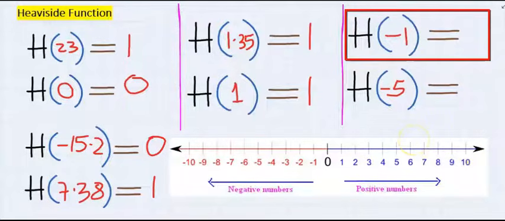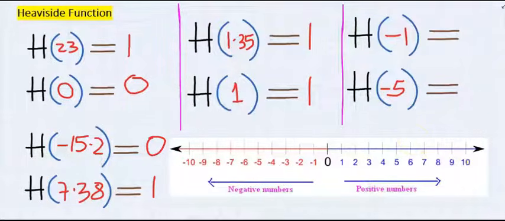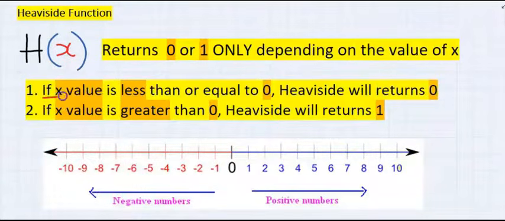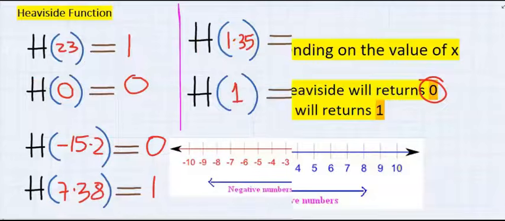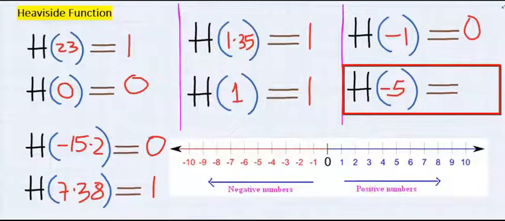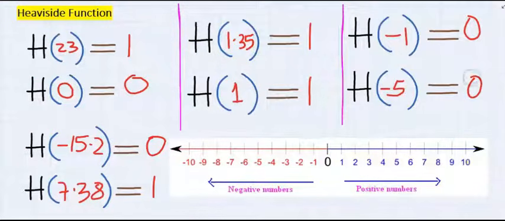The Heaviside function of minus 1 is 0 because when the argument value is less than or equal to 0, it will return 0. And the Heaviside function of minus 5 is 0. You can see that the Heaviside function will return either 1 or 0.